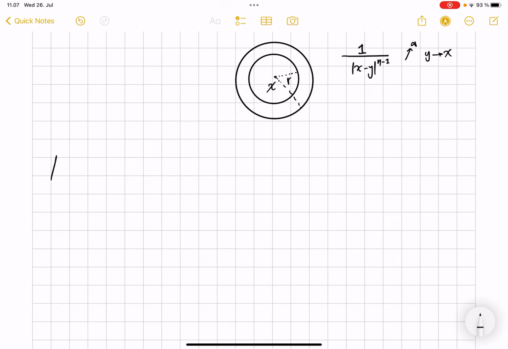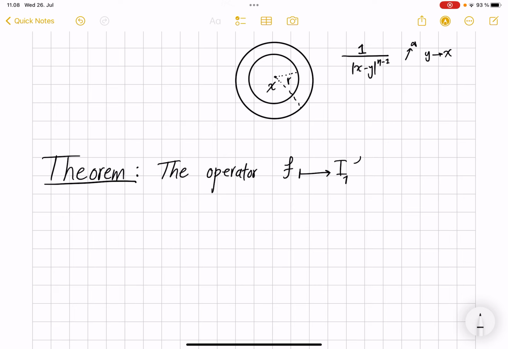So here is the main theorem about the Riesz potential. Again, I am following Lectures on Analysis on Metric Spaces by Juha Heinonen. The theorem reads that the operator which takes f to I1 of f maps... Now I notice that here this is applied to the absolute value of f.